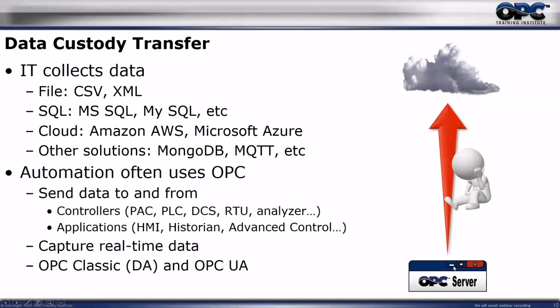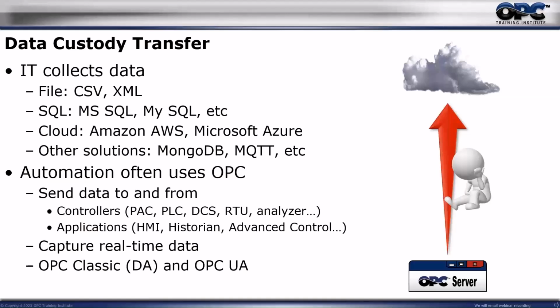Automation, on the other hand, typically gets data via OPC. So we're reading data and we're writing data to controllers like PLCs or DCSs. We're sending data to applications like HMIs or historians, or we've got some advanced control applications, whatever there is. But we're reading and we're writing data. We're passing data along using OPC today.